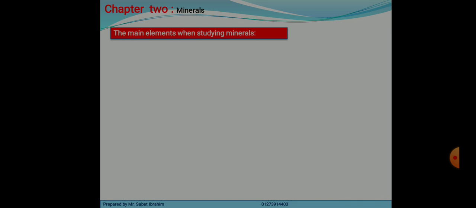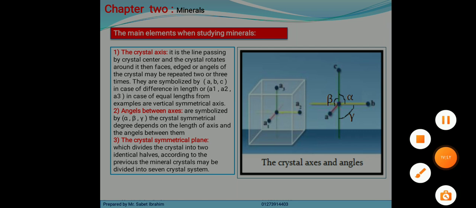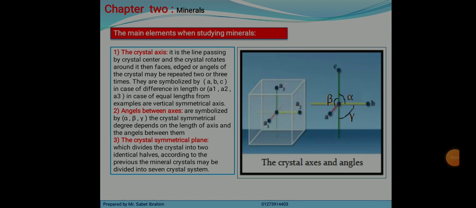And now, what are the main elements when we study minerals? If we look at the picture here, we will find that the crystal axis is the line passing by the crystal center.